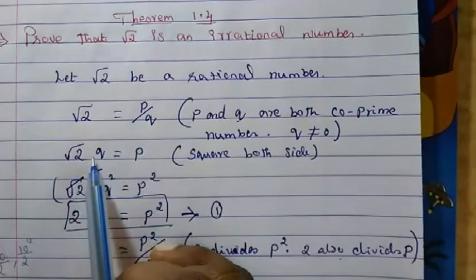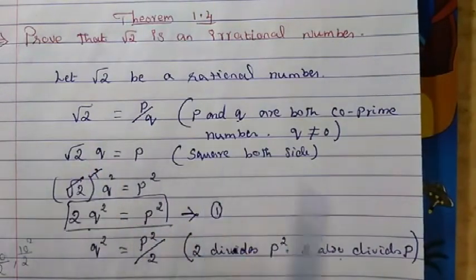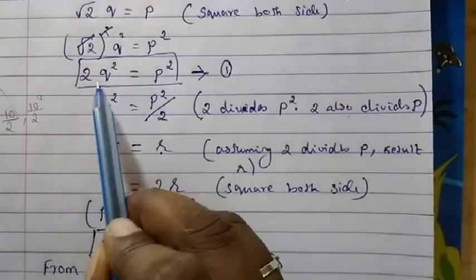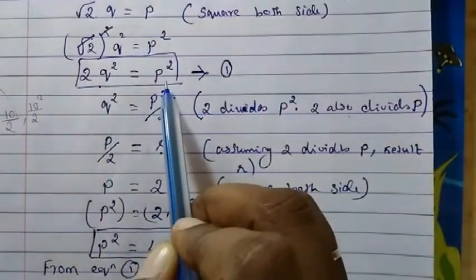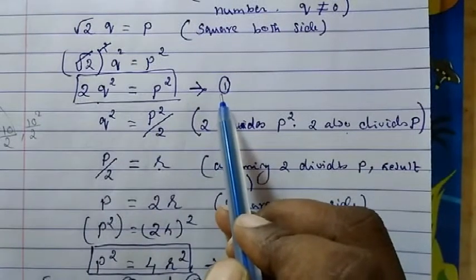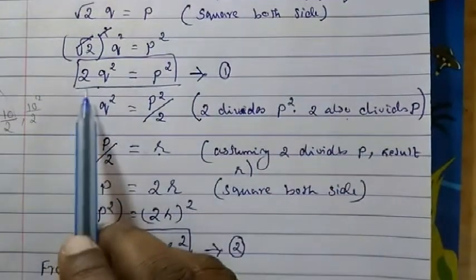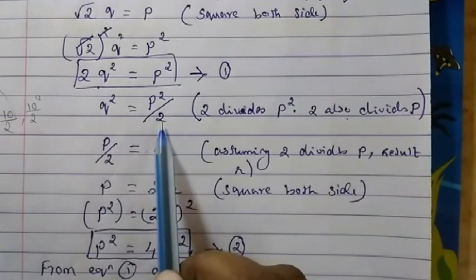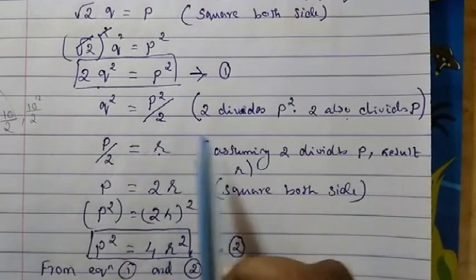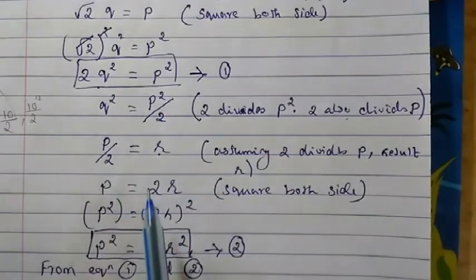So we bring Q to one side and square both sides. When we square, we get 2Q square equal to P square, which we write as equation 1. Then we can say 2 is dividing P square, so according to theorem 1.3, 2 also divides P.